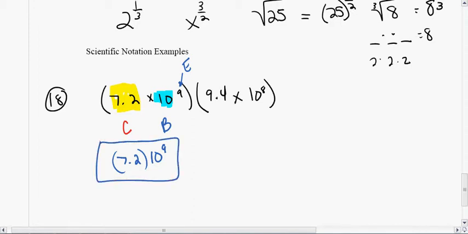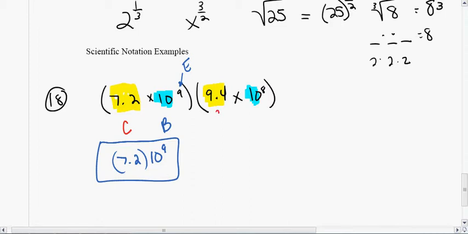All right. Because that's the case, I can use the same rules that I have been using when I'm multiplying monomials with the same base. So I have the same base in both of these. The bases are 10, which means I'm going to be able to add the exponents, the 9 plus the 8. It also means I'm going to be able to multiply the coefficients.